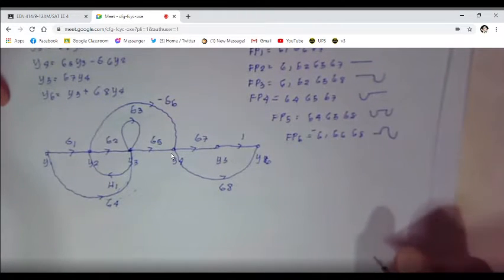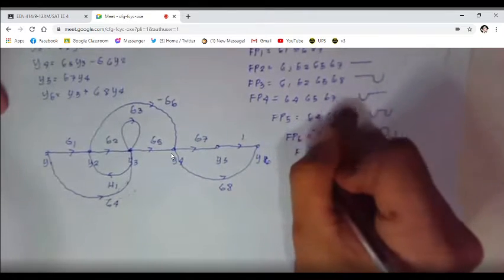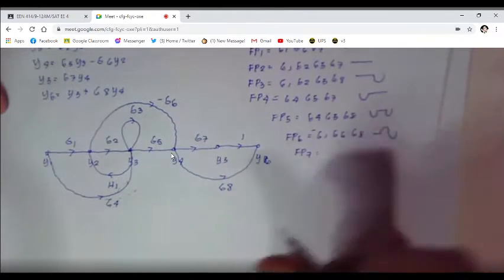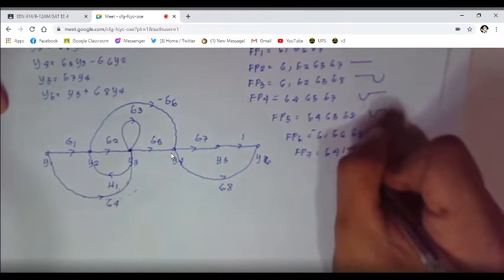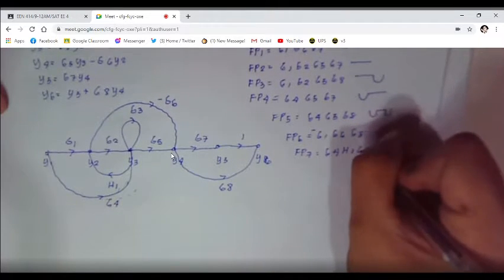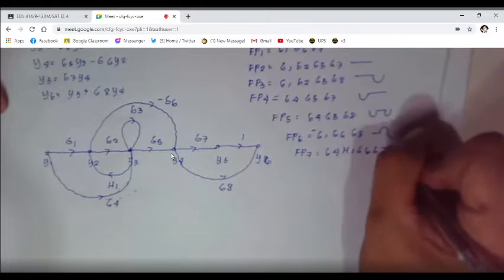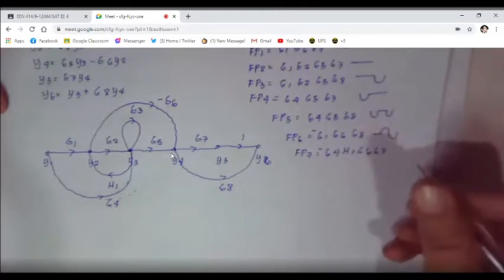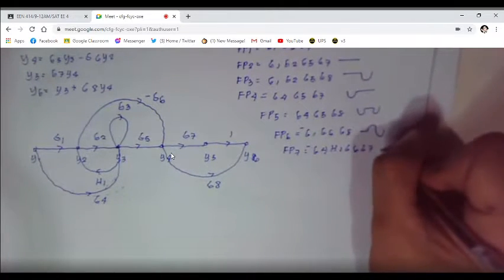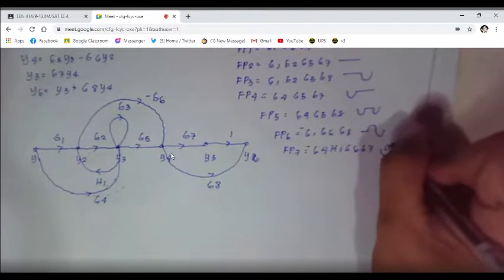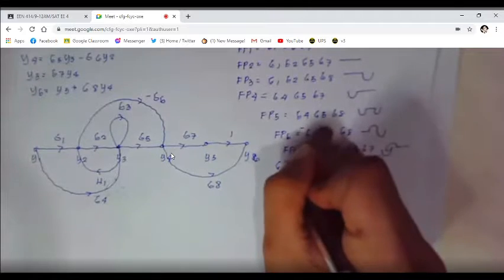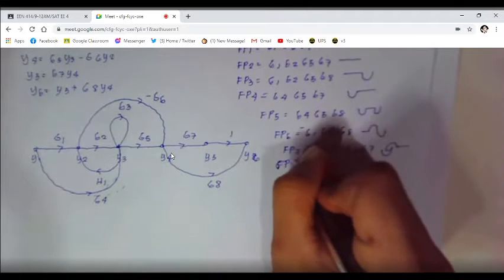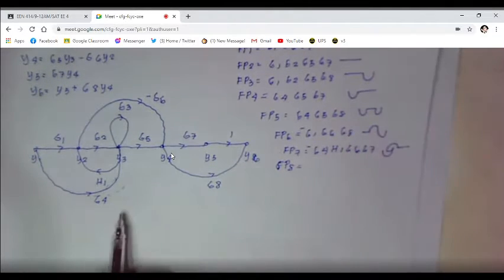Para ma-visualize mo. So, forward path 7. Ito. So, G4, H1, G6, G7. So, negative. Okay, so parang ganito yan. Ito, pag ganun. Then, FP8.